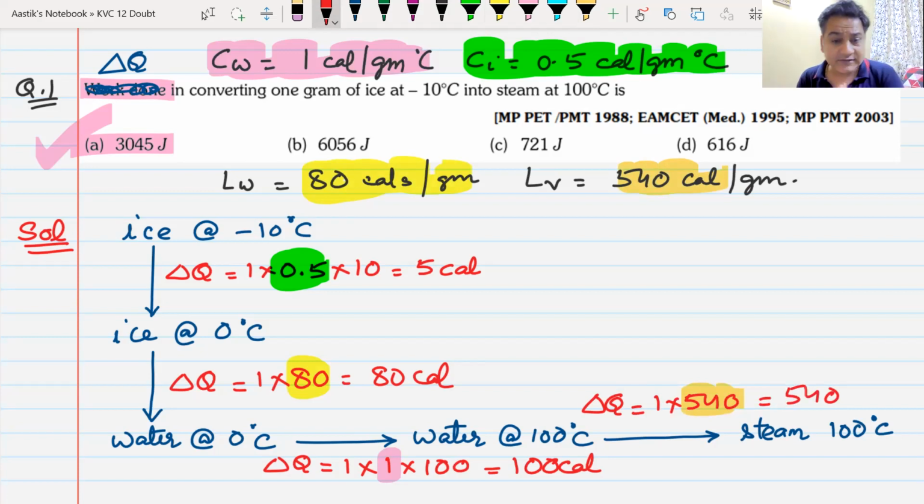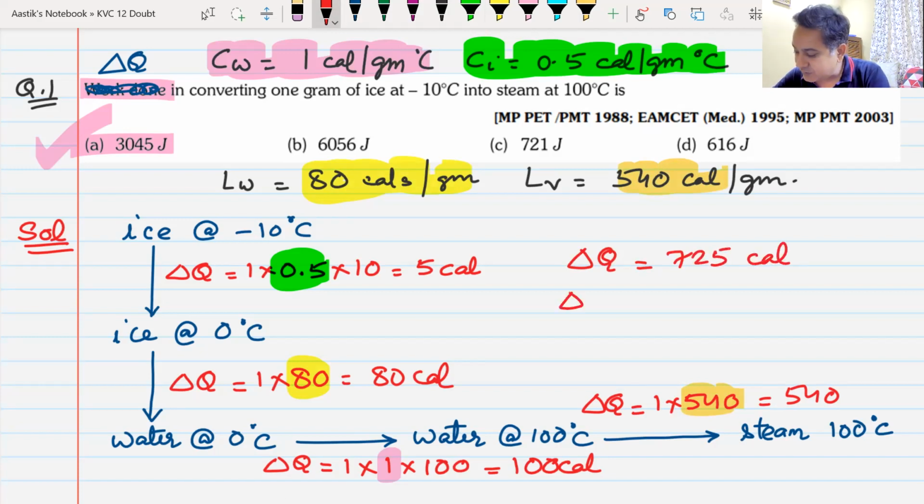I add all this, and I will get the answer in calories. To convert the answer from calories into joules, multiply by 4.2. So how much is the answer in calories that you are getting? 725. Yes, 725 is the answer in calories.